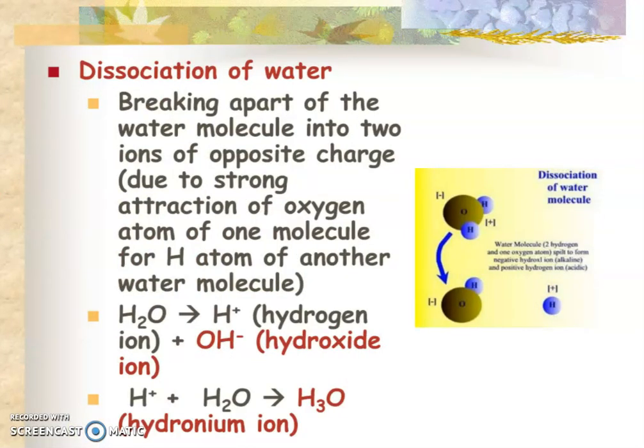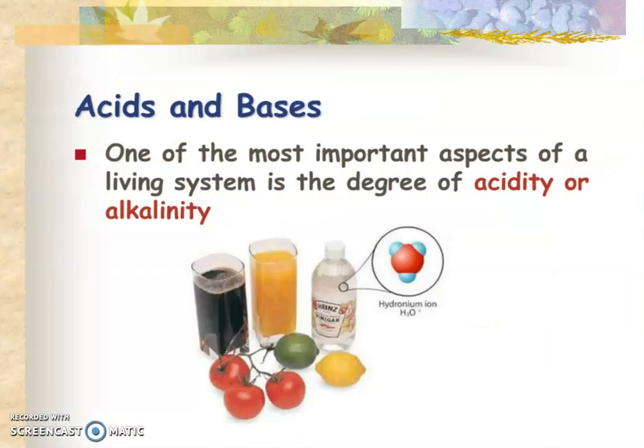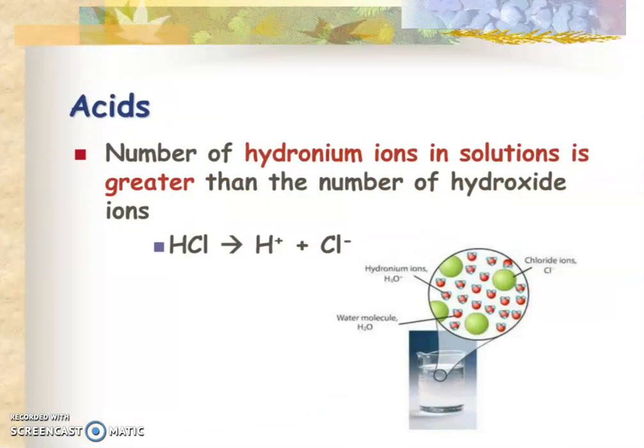Now, dissociation of water. It is the breaking apart of water molecules into two ions of opposite charge, due to a strong attraction of a hydrogen atom of one molecule for the hydrogen atom of another water molecule. You can see the hydrogen ion, hydroxide ion, and the forming hydronium ion. So, what are acids and bases? One of the most important aspects of a living system is the degree of acidity or alkalinity.